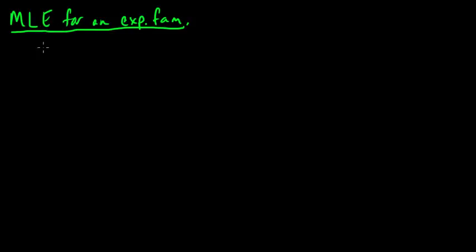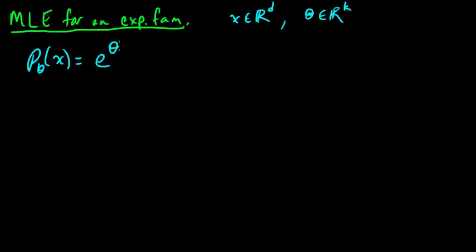All right, let's assume that our exponential family is in natural form. So remember that means that the probability, here, is going to be a distribution on R^d. So our x is going to be in R^d, and let's say theta is in R^k. So this thing is e to the theta, since for natural form, this vector valued function eta of theta is just theta.